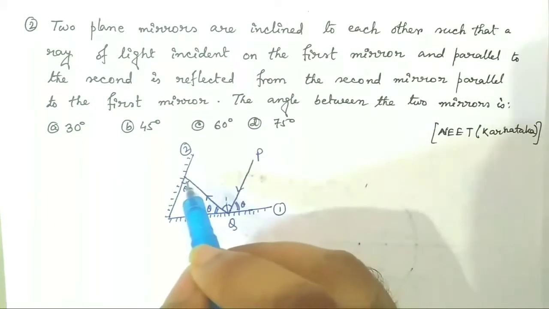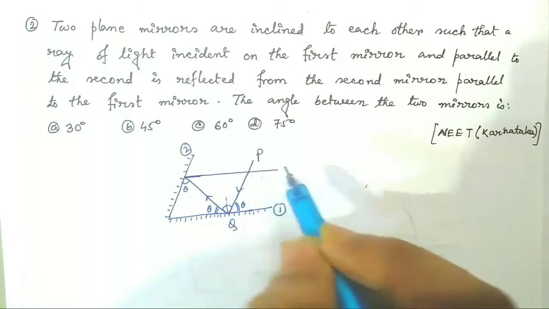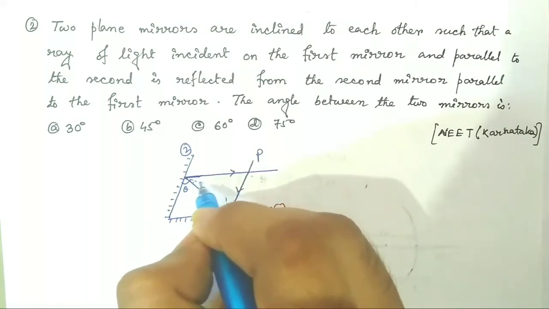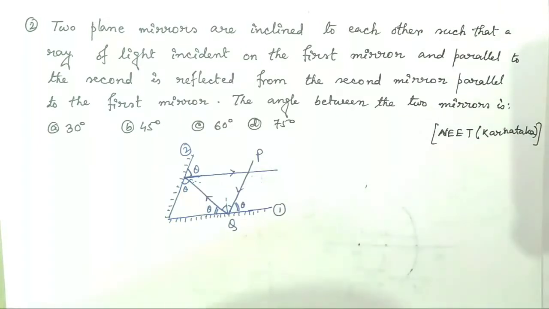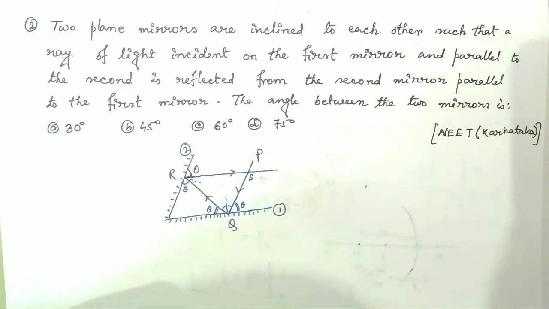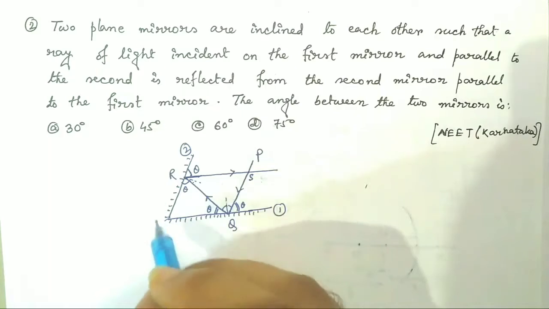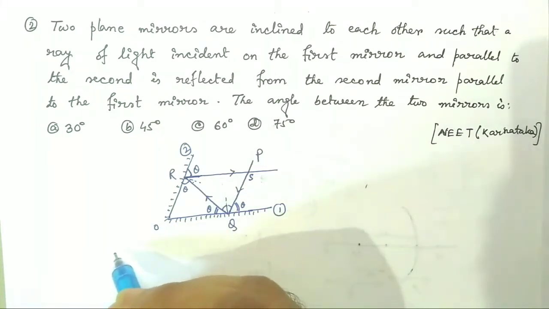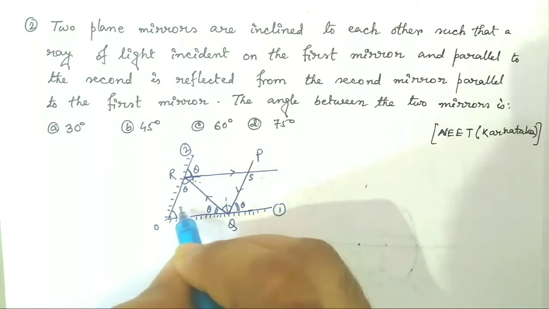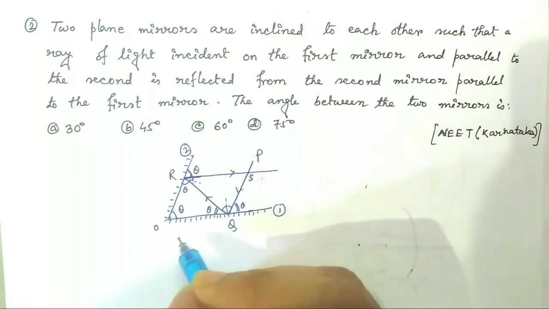And after reflection from the second plane mirror, the ray is reflected parallel to the first mirror. So this angle also is theta. Suppose this is point R and this is point S. Now since RS and OQ are parallel, and this angle and this angle are similar, so this angle will also be equal to this angle theta.